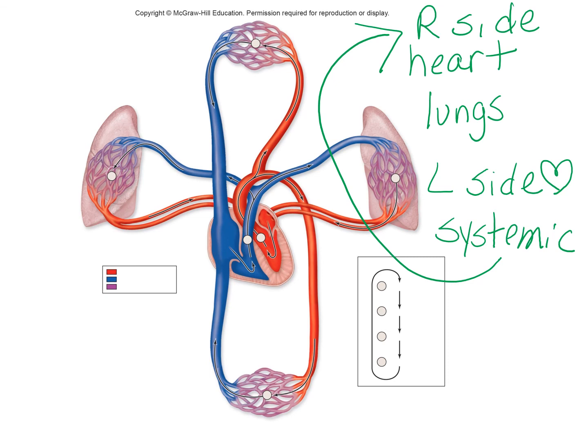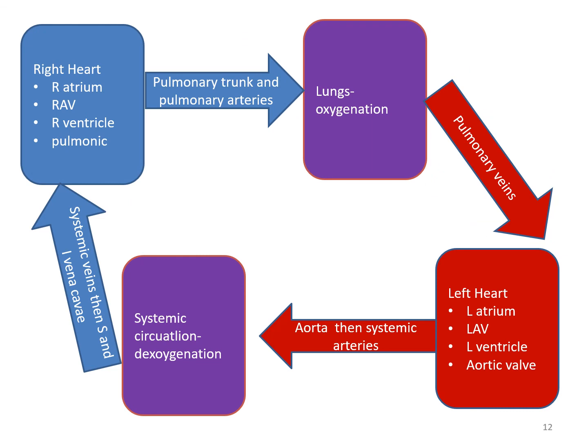So what you're going to want to think about naming is the chambers, the valves, and the very big vessels. Let's look. Here's a little schematic I did. Let's say you're starting in the right atrium. You're going to flow through the right AV valve, into the right ventricle, then through the pulmonic valve, out the pulmonary trunk and arteries, and into the lungs, or we could call this the pulmonary circulation.